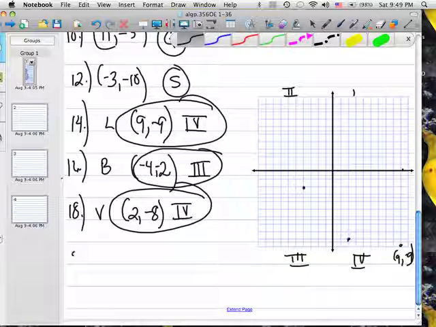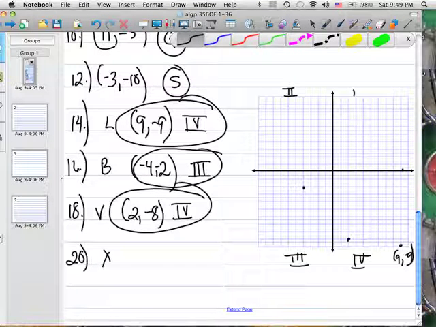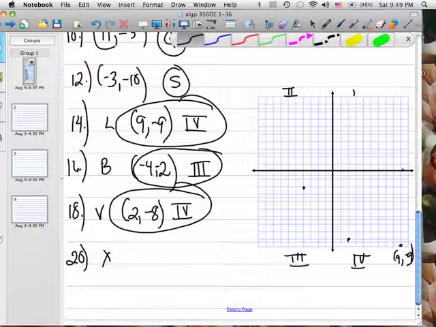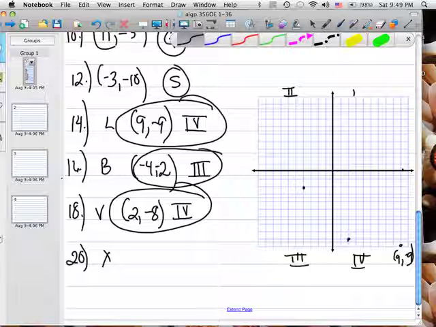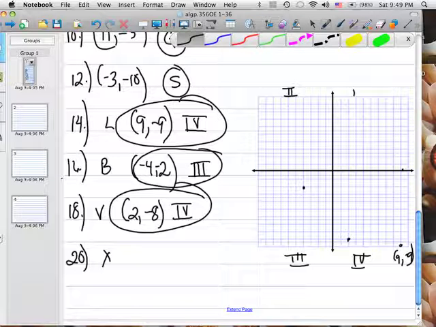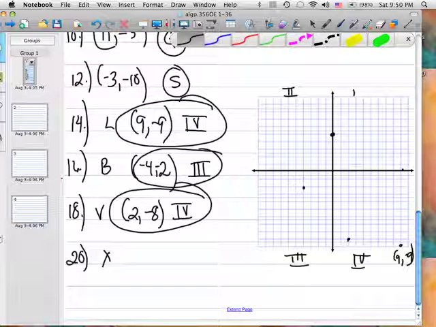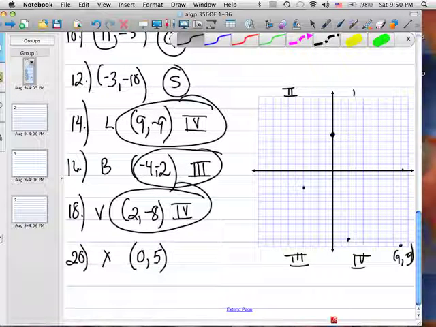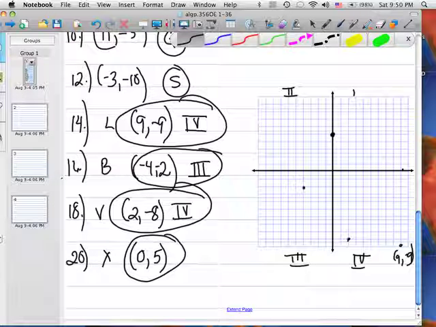And number 20 is X, and X is on the y-axis, 5 up. So it doesn't go left or right, so it's 0, and then positive 5, and it's not in a quadrant, it's on an axis.